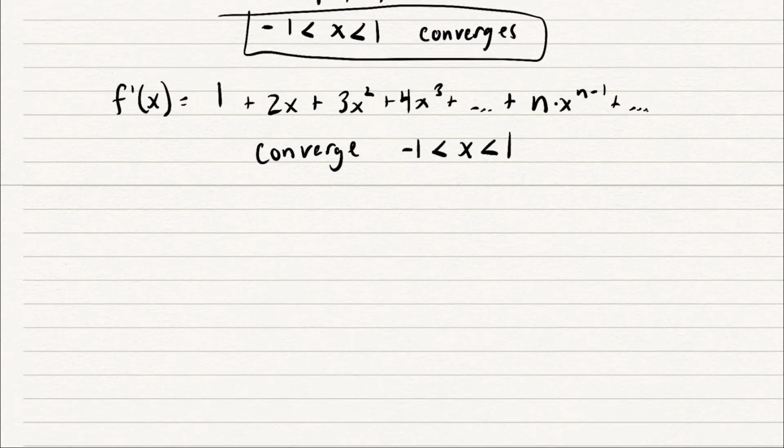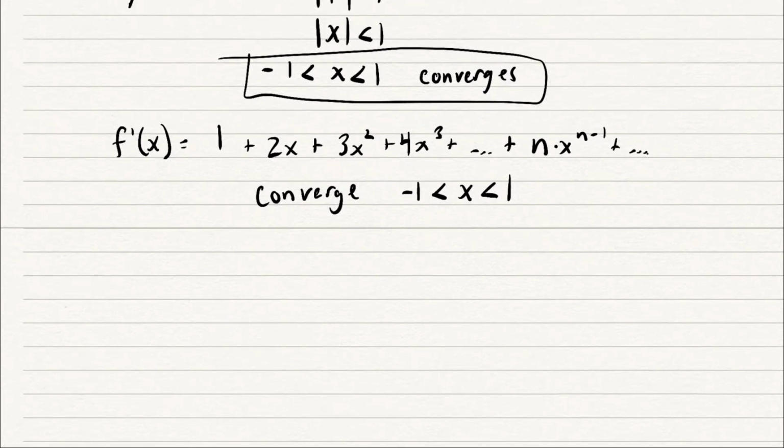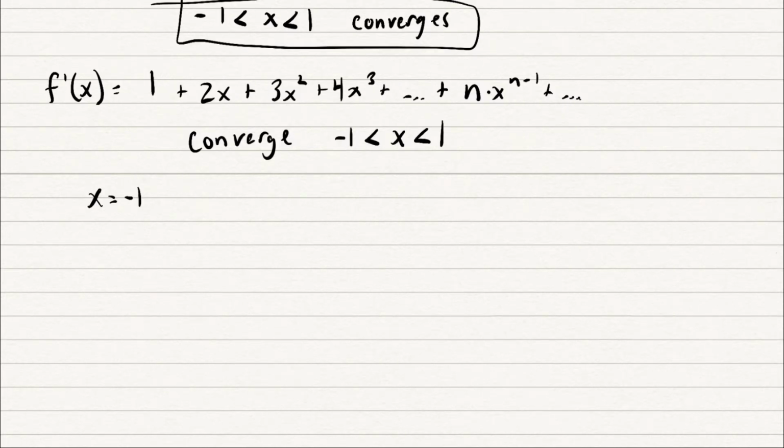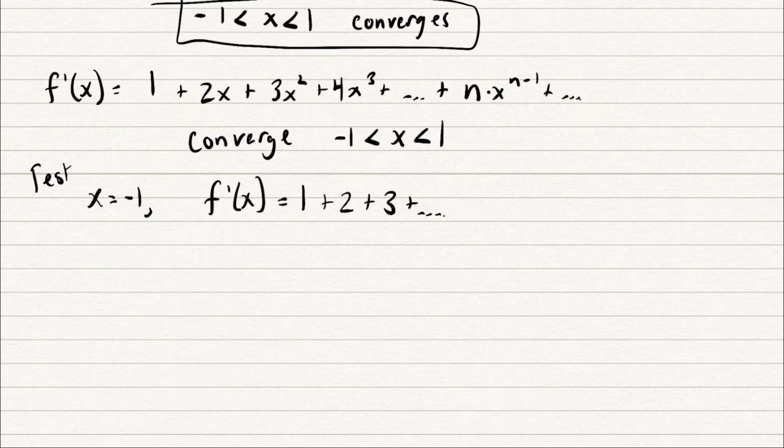The thing I need to test here is whether 1 works or negative 1 works. So if I plug in x equal to negative 1, this is my test. Actually, no, it's going to keep going back and forth when it's negative 1.